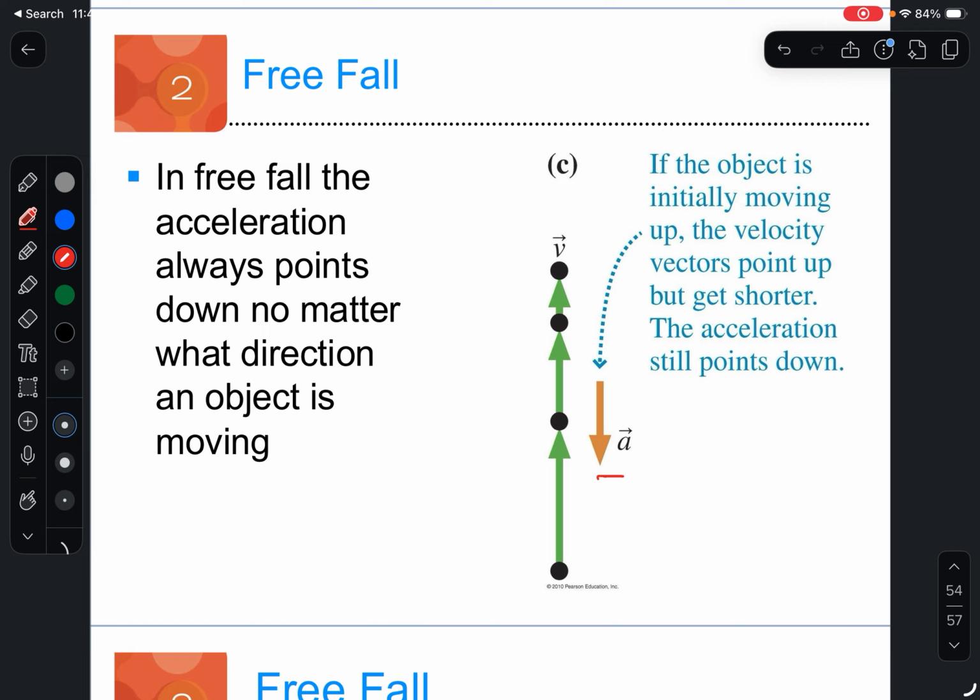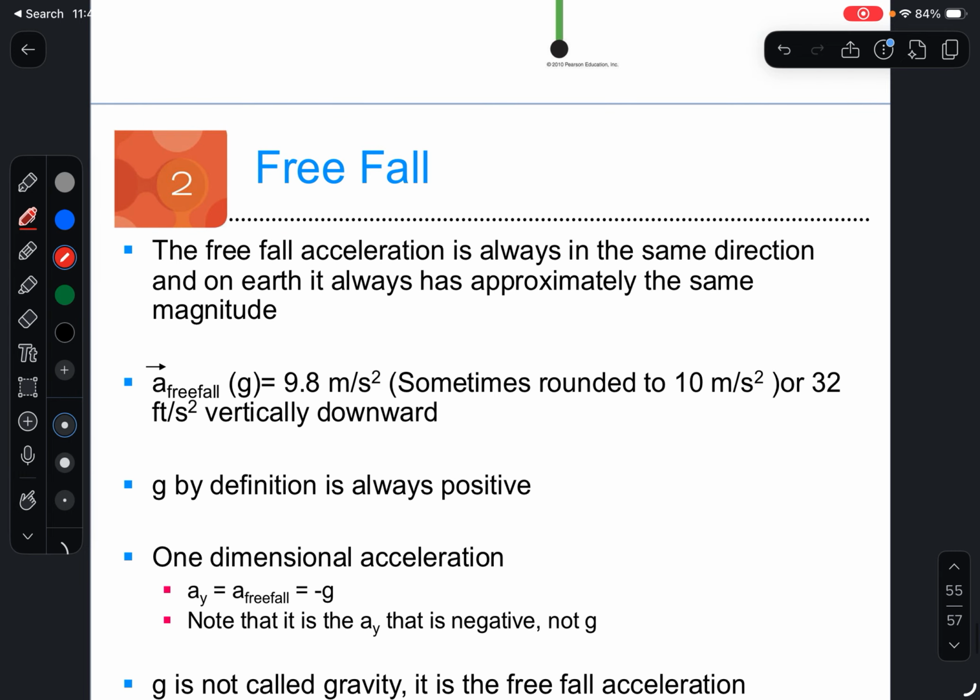But your acceleration vector is always pointing down. So free fall acceleration is always in the same direction, and on Earth, it has approximately the same magnitude. The acceleration of free fall equals g, which is 9.8 meters per second squared.